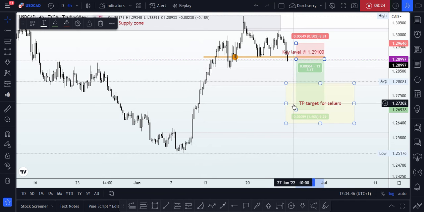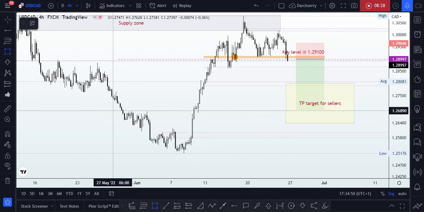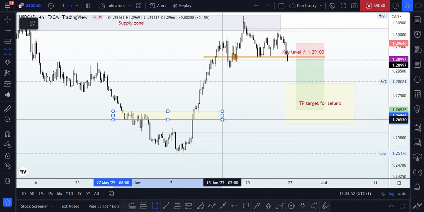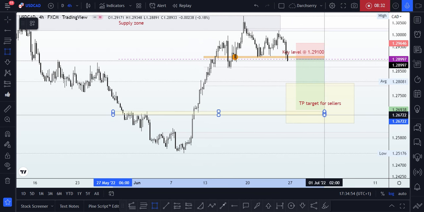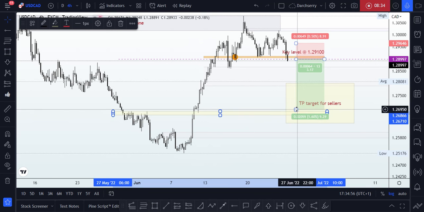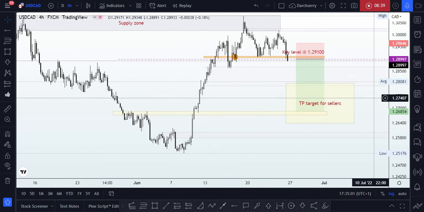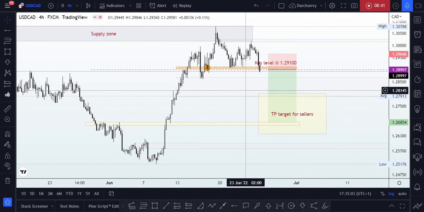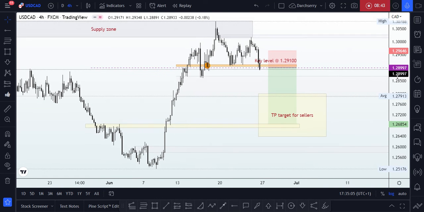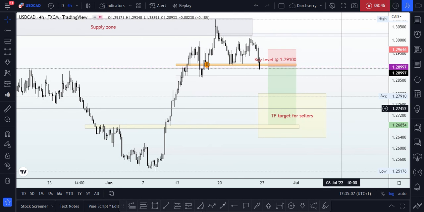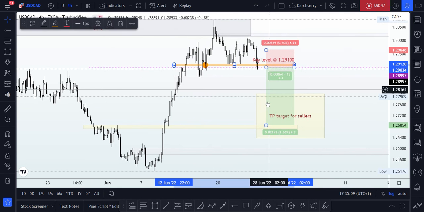And the reason why I'm placing my take profit target here, if we look left, we can see that we have an area here that has one time been either a support or resistance. And because of that, we want to at least take our profit around this area, and afterwards we see what happens. Will now determine how further we're going to go, or are we going to be doing a reversal from this area.